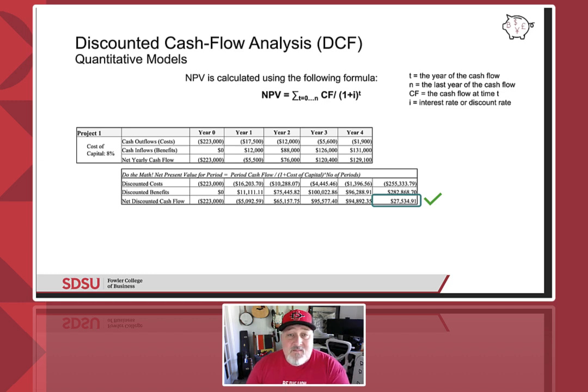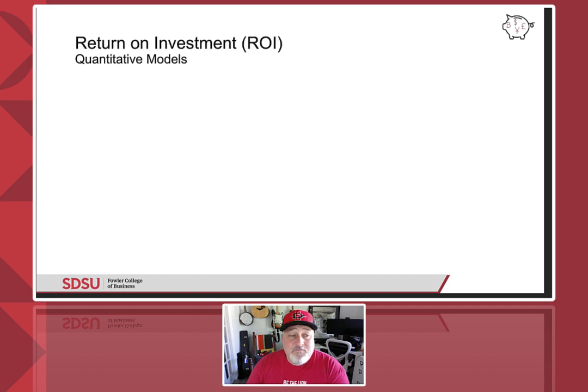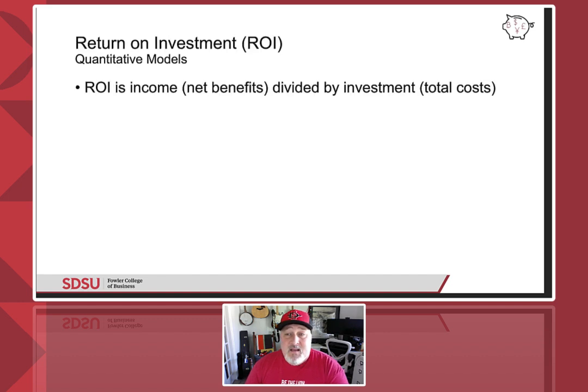Our next model that we will talk about is return on investment. And this is simply the total income of the project divided by the total investment or the outlay. So net benefits divided by the total cost of the project gives us a specific ratio.